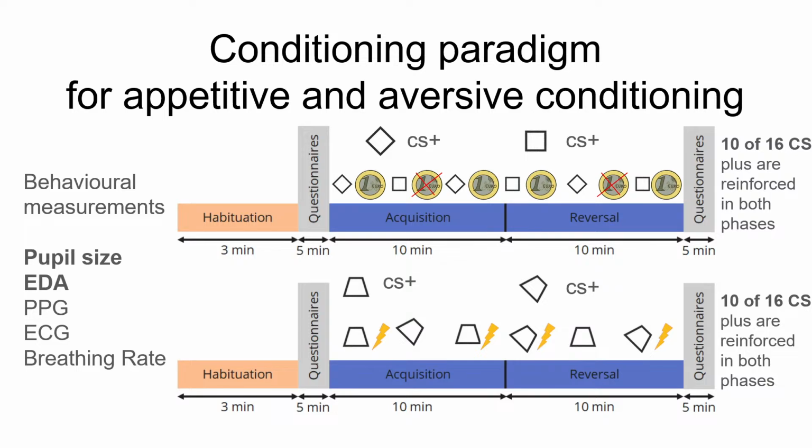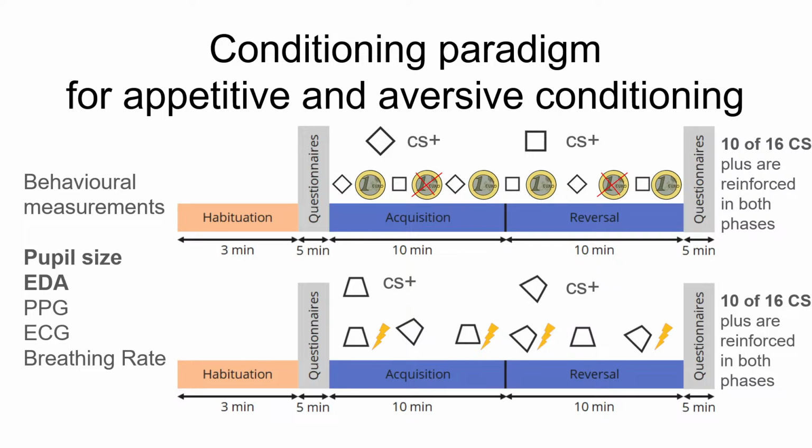The acquisition and reversal had 32 trials each, 16 CS pluses and 16 CS minuses. 10 of 16 CS pluses were reinforced, so it was a partial reinforcement paradigm.